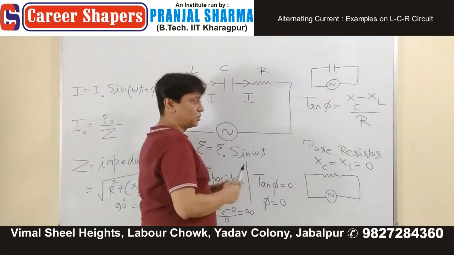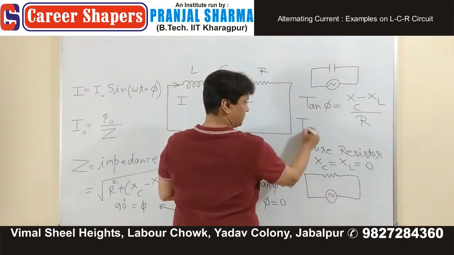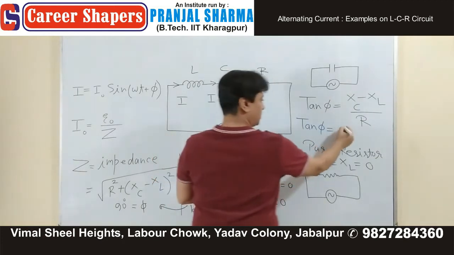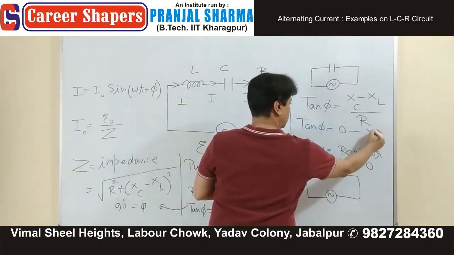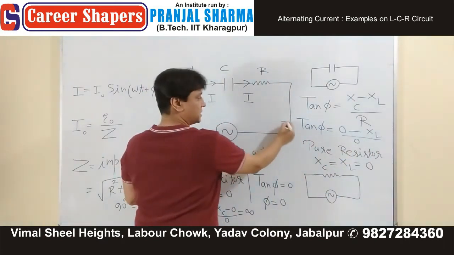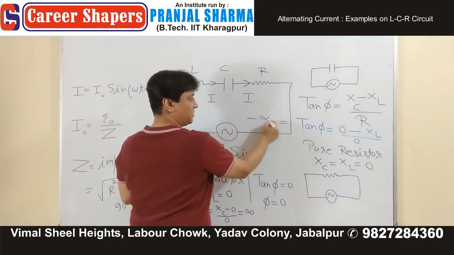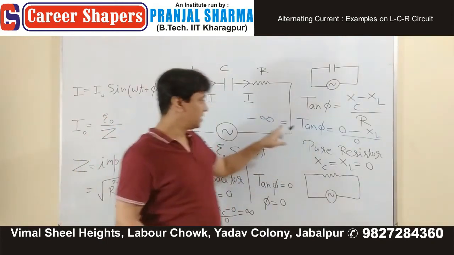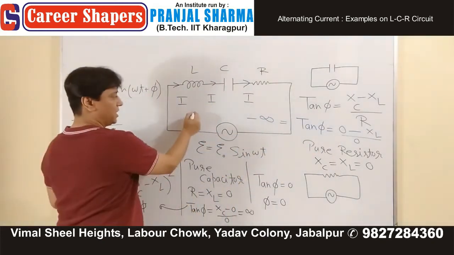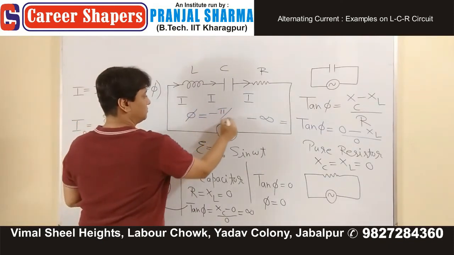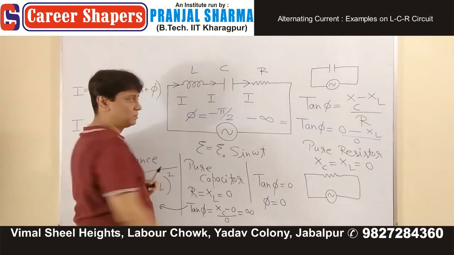In that case, your tan phi will look like this for pure inductor: 0 minus XL divided by 0. What is this? This is coming minus of infinity. If tan phi is coming minus of infinity, then you know that for this, phi is minus of pi by 2.